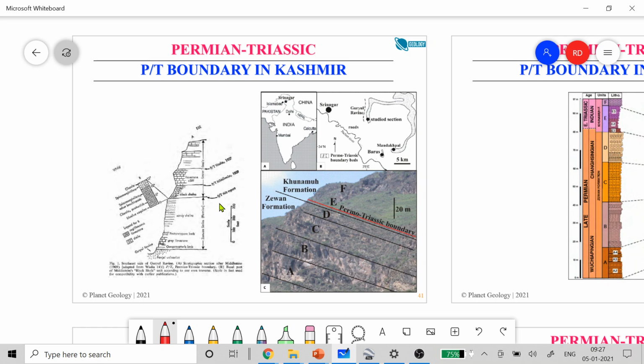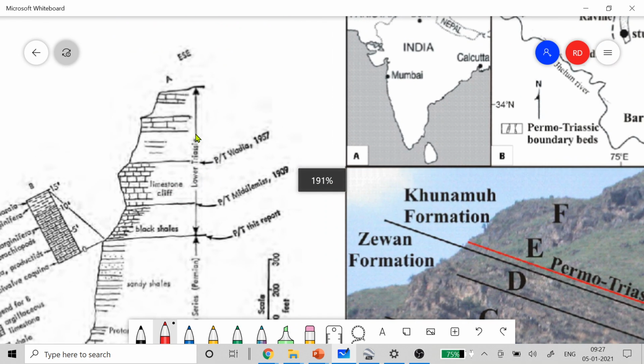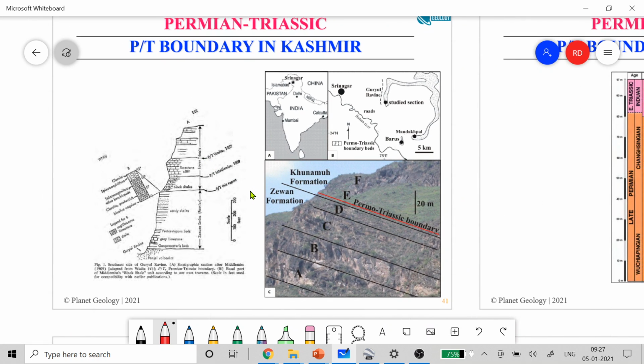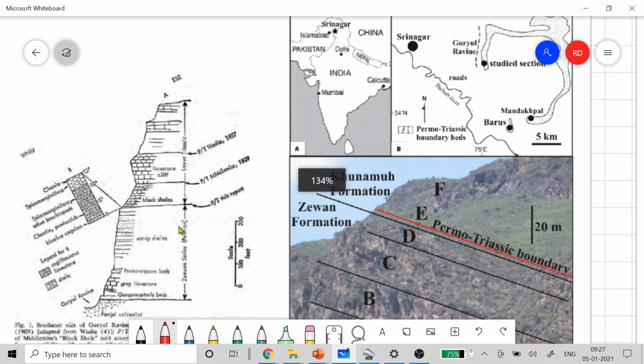And again, whenever you see a transition, it will not always be very well marked. Different scientists have defined it at slightly different locations, and sometimes you'll see these black shales. The base of the black shales is sometimes considered to be the Permian-Triassic boundary.